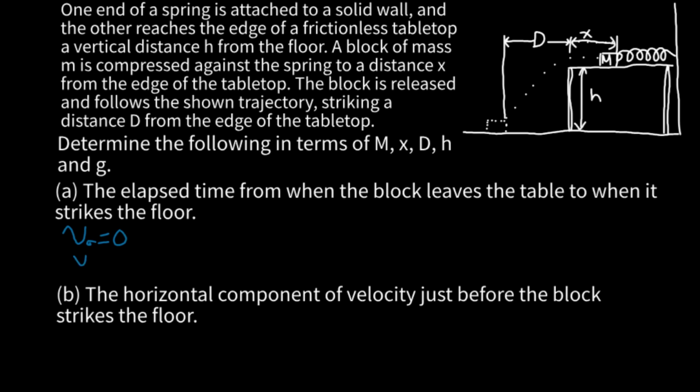We know we have an acceleration of g, a change in y of h, and we're looking for our change in time. Hopefully you know the kinematic equation to use. Change in y equals initial velocity times time plus 1/2 gt squared.